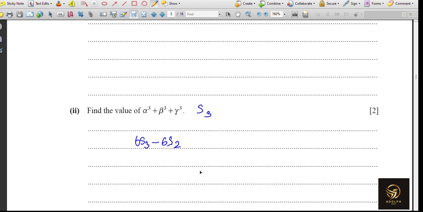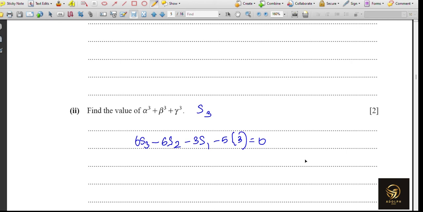Because the p value is -6, so it's negative 6S2, negative 3x, so it will become negative 3S1, and -5 is the value we actually have. So -5 should be multiplied with 3 equals 0. Why is it multiplied with 3? Because we just have to check what is the highest power we are dealing with here.